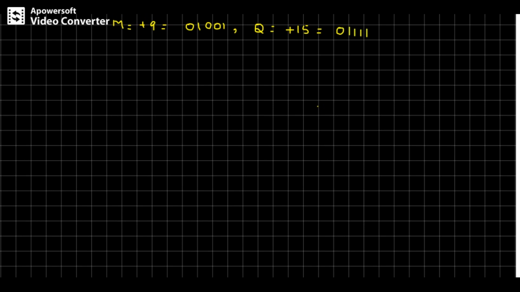And now either we can compute the bit pair bits using the Booth recoding technique. So for that I'll write q as it is, q in the sense plus 15. So I'll write q as it is 0, 1, 1, 1, 1.